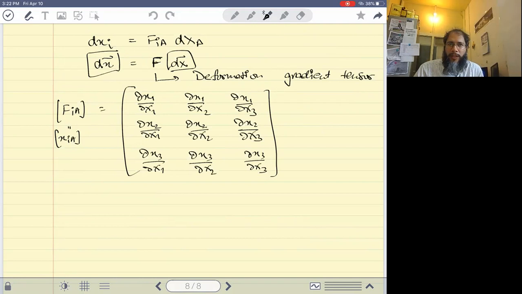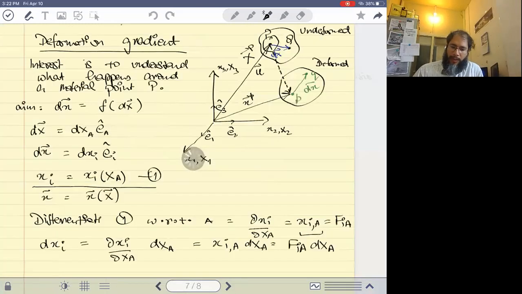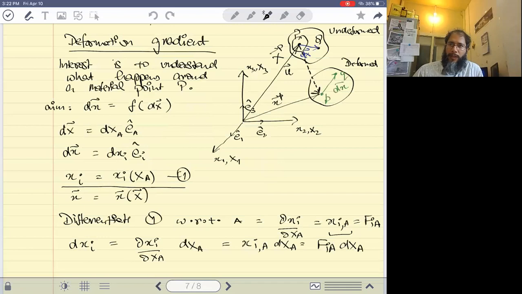And you can also notice here that the information about translation is gone, because all we measure is dx. So again, going back, if I say that the body is not deforming, what I'm saying is that my d capital X in this situation is the same as d small x. It doesn't look like that here, but let us assume that it was the case. Then the body has not deformed, but it has actually translated.